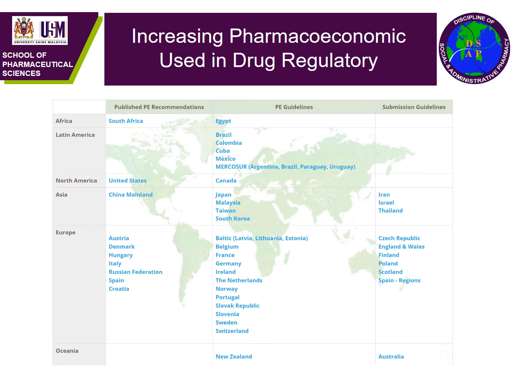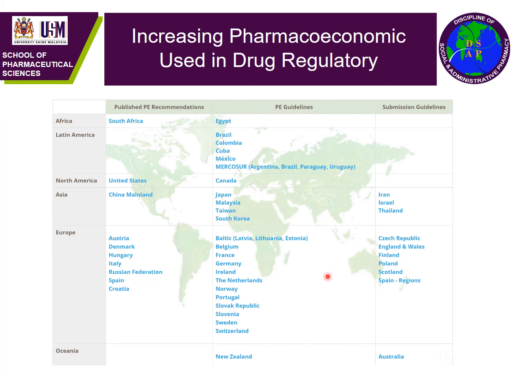Throughout the world, pharmacoeconomic is increasingly used for decision making. So you have here across the 5 continents in the world: Africa, Latin America, North America, Asia, Europe, Oceania.